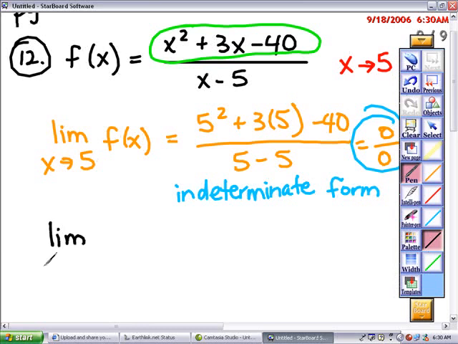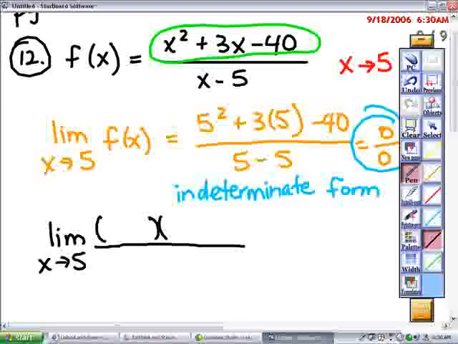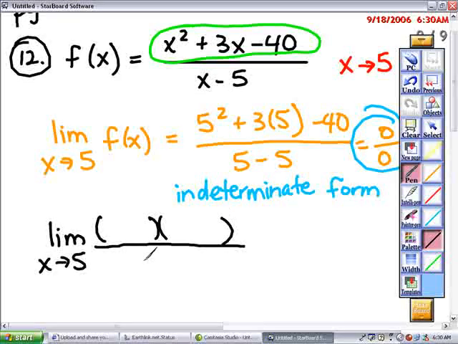So the limit as x approaches 5 of this rational function will be the same as the limit as x approaches 5 for the simplified equation. And let me just set this up. Okay, so x squared is x times x, and then numbers that multiply to negative 40 and add up to 3 must be positive 8 and negative 5.